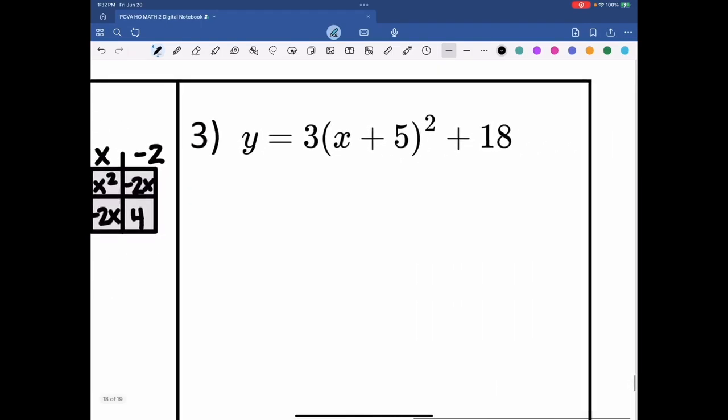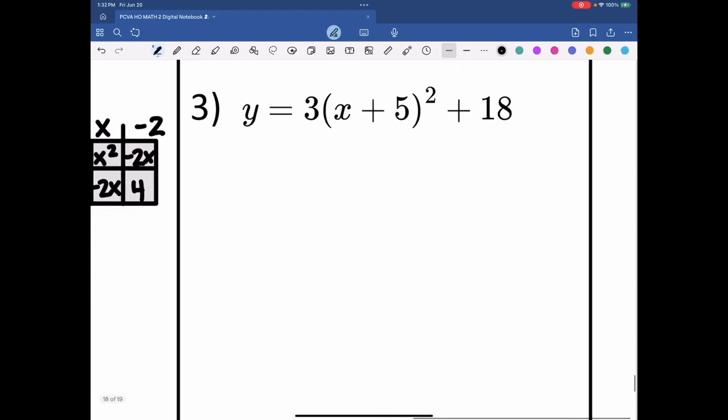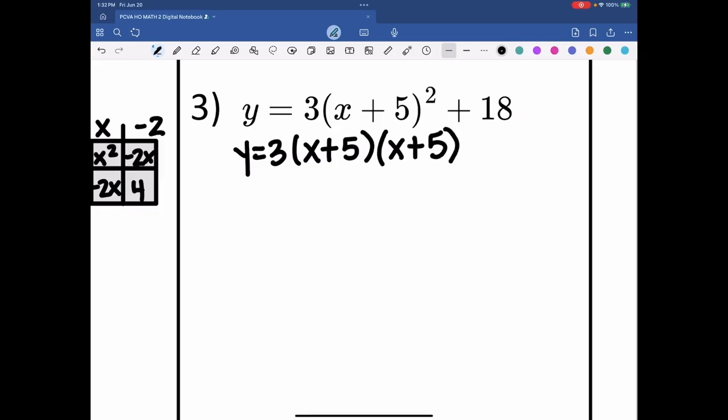All right, last example before we talk about some key features in vertex form. So we're going to multiply the x plus 5 times x plus 5, plus 18. We're expanding that x plus 5, and we're going to multiply those two pieces together.